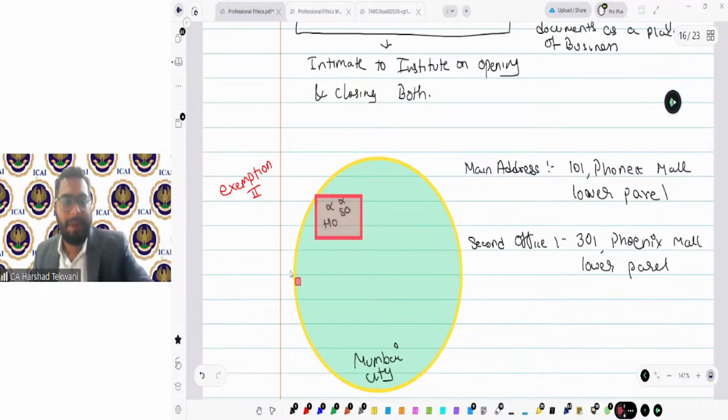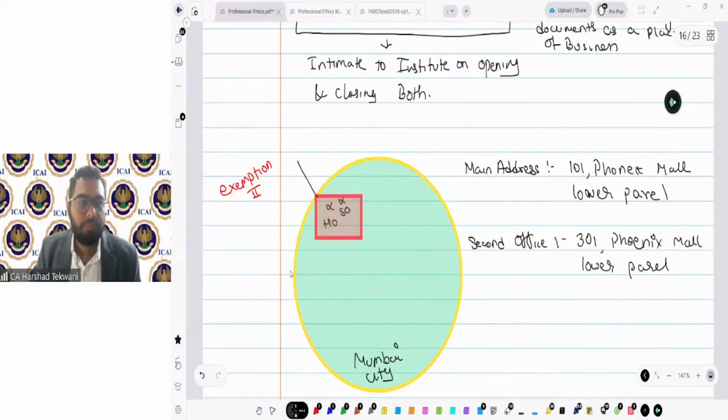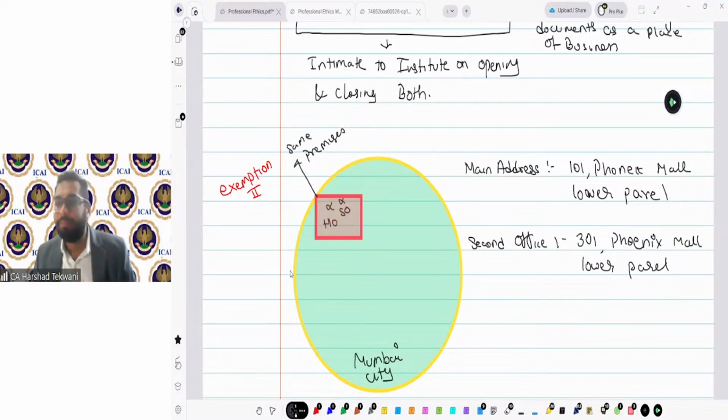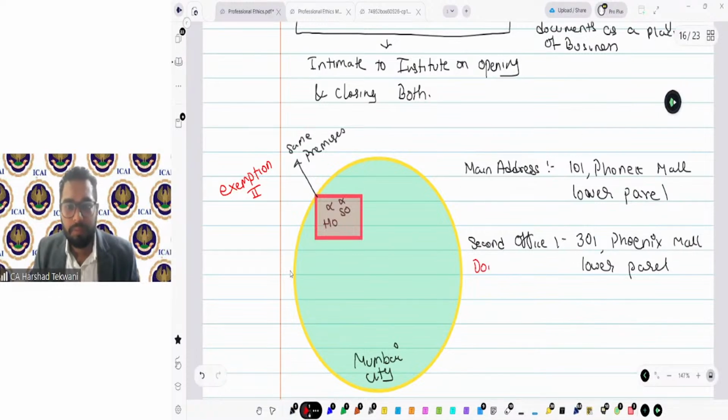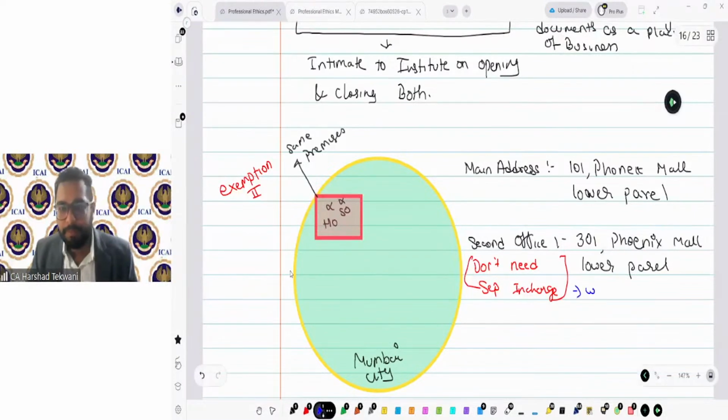I don't need a separate in charge for the second office because it's within the same premise. The logic is within the same premise.